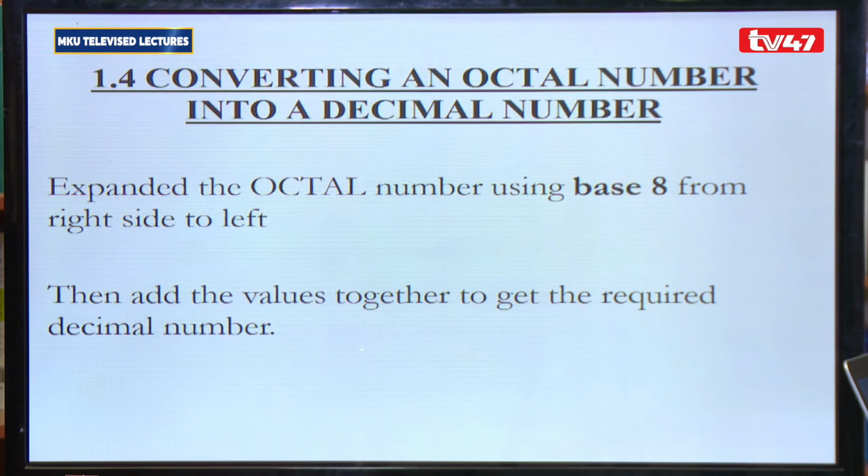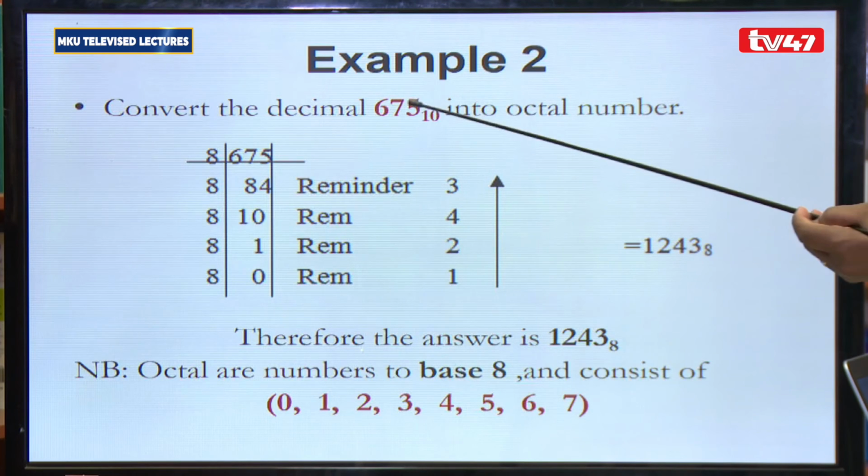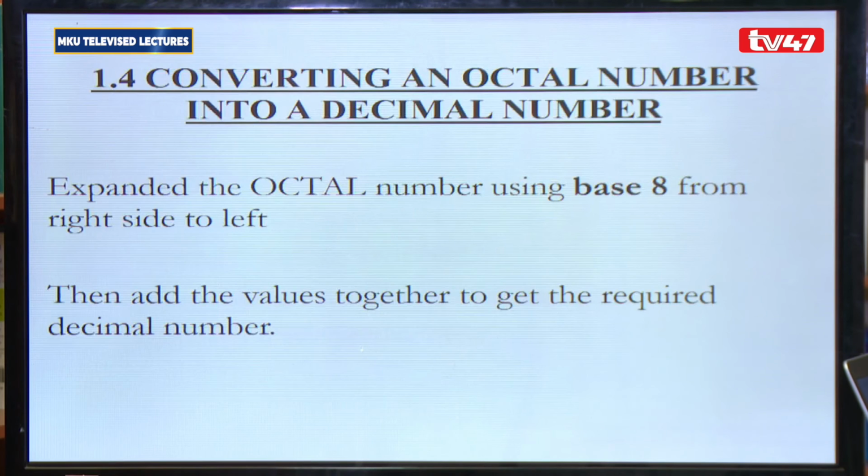How would you go about converting this octal number back to the decimal number? Again, like we have done with the binary, you expand that number using base 8 from the right side towards the left. Now using base 8, not base 2, you add the values together and you end up with the required decimal number. We are going to have another example of that nature.